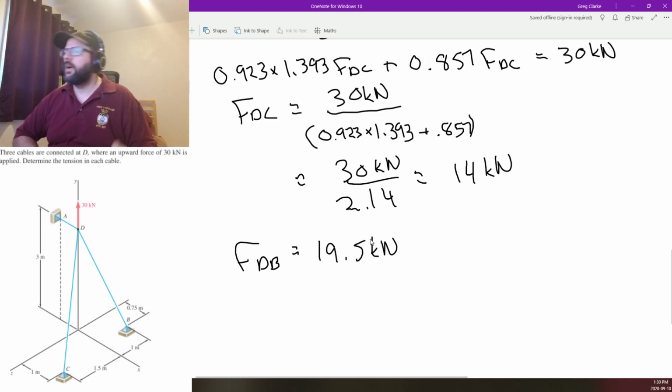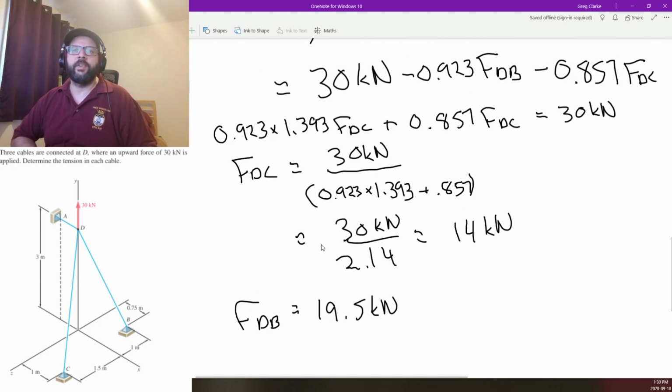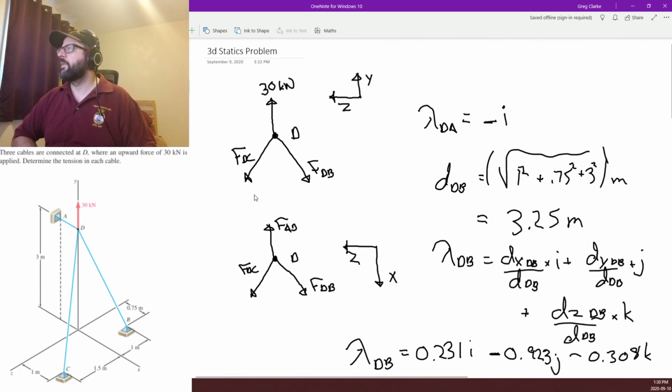Okay, so we're almost at the home stretch here. We've solved for all but one of the components that we're looking for. The only one we're missing is this F. Oh, I screwed up that one too. My apologies.